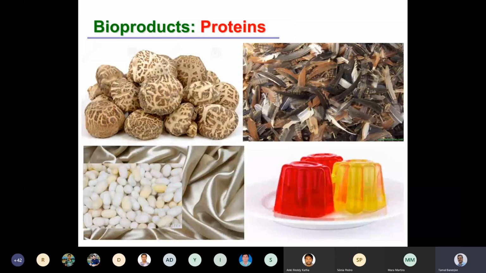Proteins. We have some ideas here. We have keratin from feathers, the raw material for shampoo actives, and the keratin hydrolysate in shampoos is from chicken feathers. We have mushrooms, very nice.